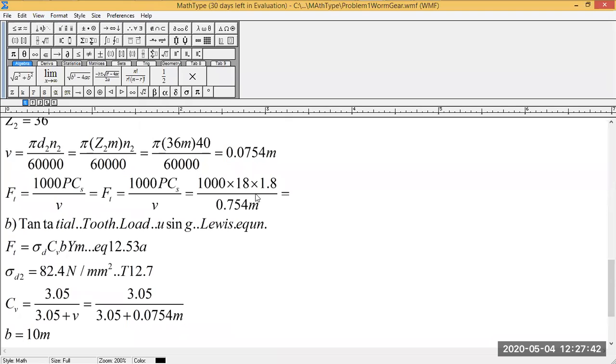So let's calculate this. 1000 into 18 into 1.8 over 0.745. So this you get 42970.82 over m. This will be over m. Let's copy this.